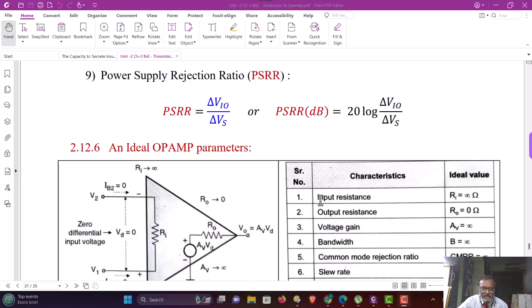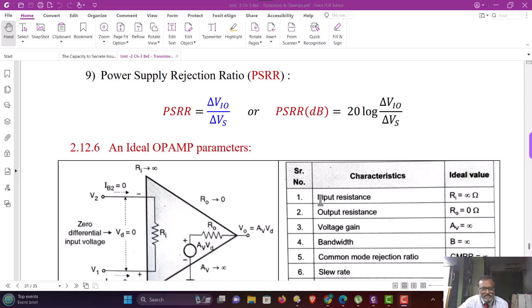They are varying slightly. And due to that, when these practical power supplies are used for powering the operational amplifiers, if the power supply varies, even though it is varying very slightly, the output of the op-amp is going to change.